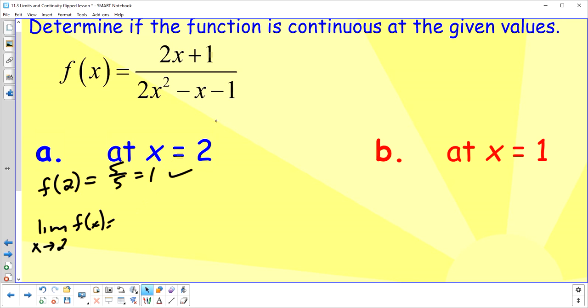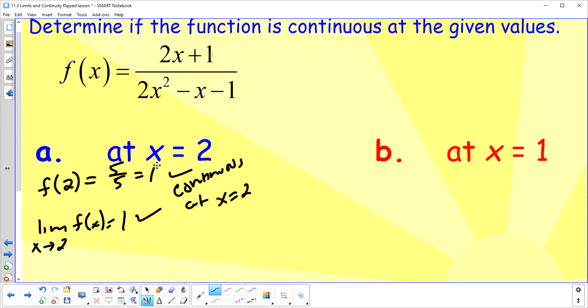And since it doesn't create division by 0 down here, if we plug that in, we can just do our rational property like we looked at last time, and this actually also equals 1. So that's good. And most importantly, because step 1 equals step 2, then we know we are continuous. So we would say we are continuous at x equals 2, because again, these two values are equal.